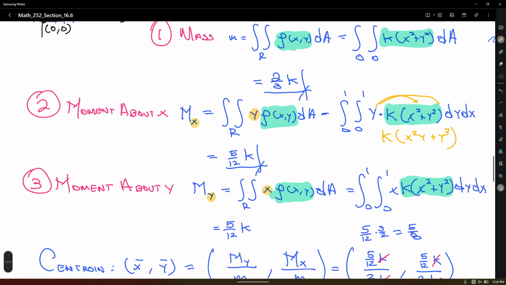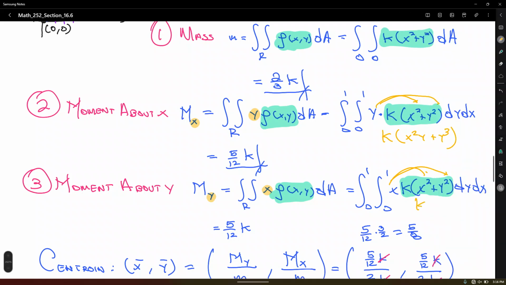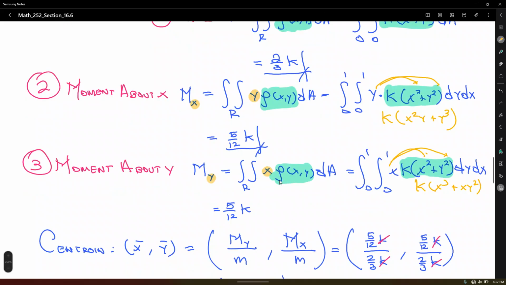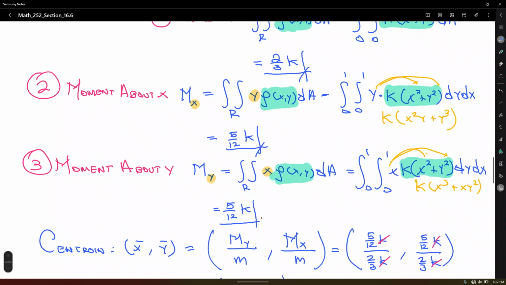If we distribute the x over these two terms, that gives us k times x cubed plus x y squared. All right, and again, I'm going to skip all the integration steps for this, which will give us, as a result, another 5/12 k.